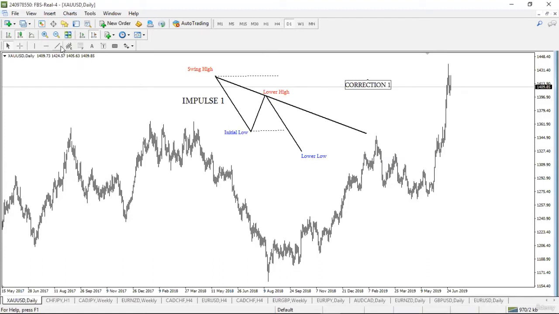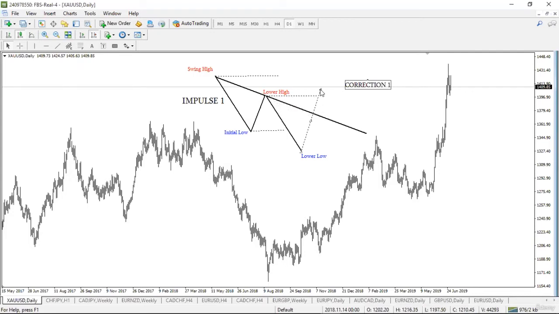If you get another pullback, another corrective move, it is not supposed to go above the previous high, which is this one. It can pull back to this price, maybe it creates a false breakout somewhere here, but it mustn't go above your previous high.